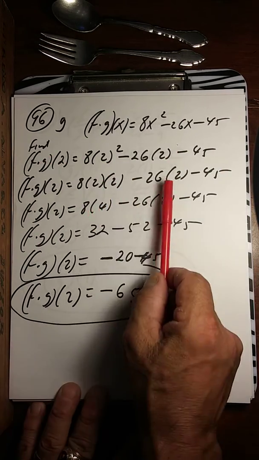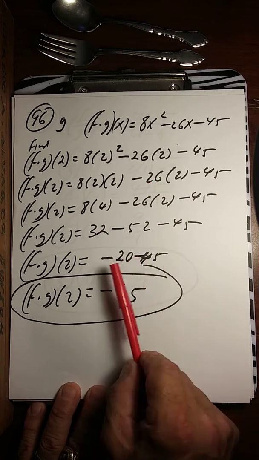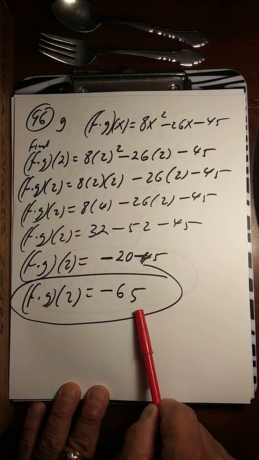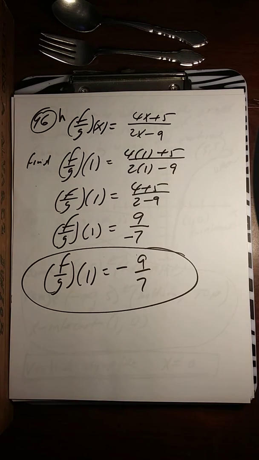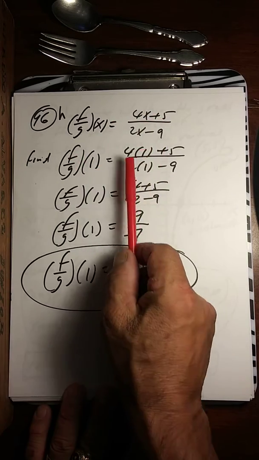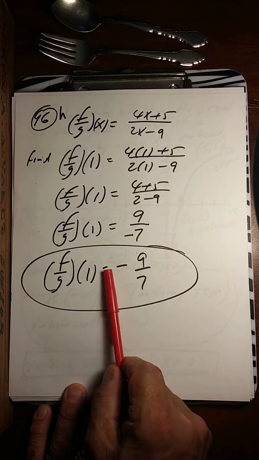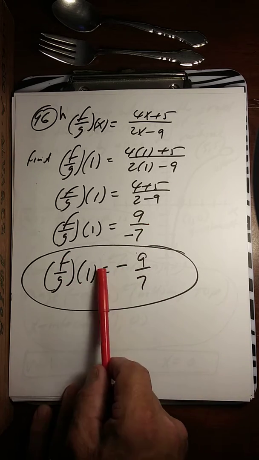That times that is 32, that times that is 52, 45, this and this would be negative 20 and negative 45. Negative 20 and negative 45 is negative 65. F over g of x is this, of 1, put a 1 there, put a 1 there, 4 times 1 is 4 and 5, 9 over negative 7, or 9 over 7 negative. So f over g of 1 is negative 9/7.